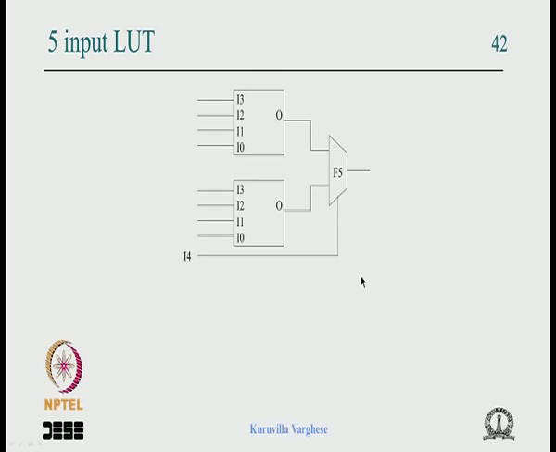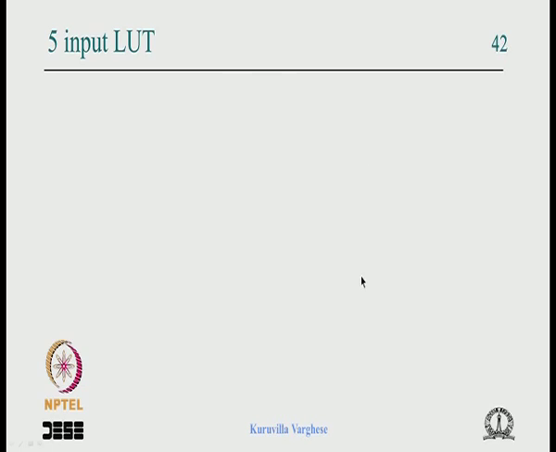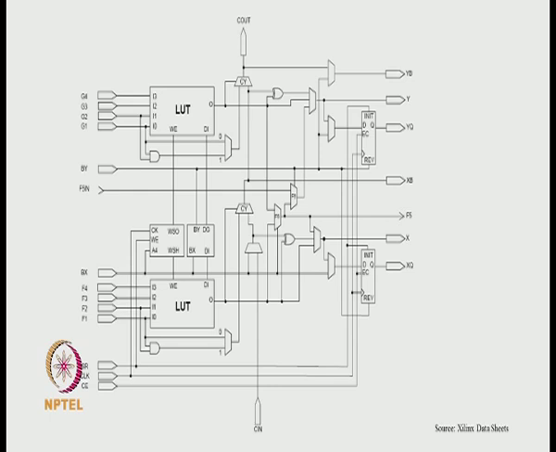So we will go back to the diagram of the slice, and you see here this is the output of the lookup table, the first top lookup table, and this is the output of the bottom lookup table. You see that there is a 2 to 1 mux which is called F5, and the F5 output goes there and the select line is here.